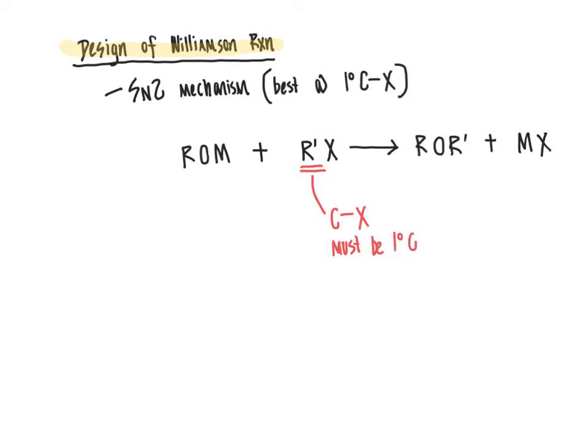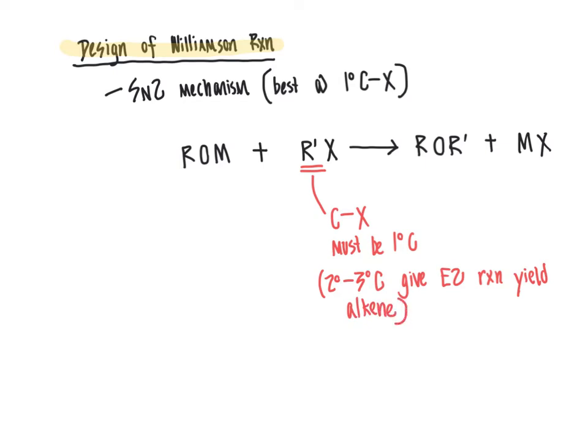If it's a secondary or tertiary carbon, you will end up with lots and lots of elimination product because the secondary and tertiary carbons are going to be more prone to that E2 elimination mechanism where the oxygen anion acts as a base and grabs a proton, eliminating that proton and eliminating the halogen atom to create an alkene product. So if you use a secondary or tertiary carbon here, you're going to get an E2 reaction that will yield an alkene product following Zaitsev's rule.